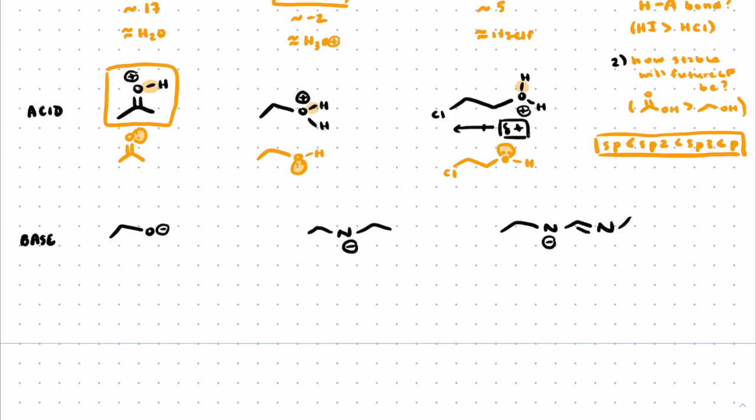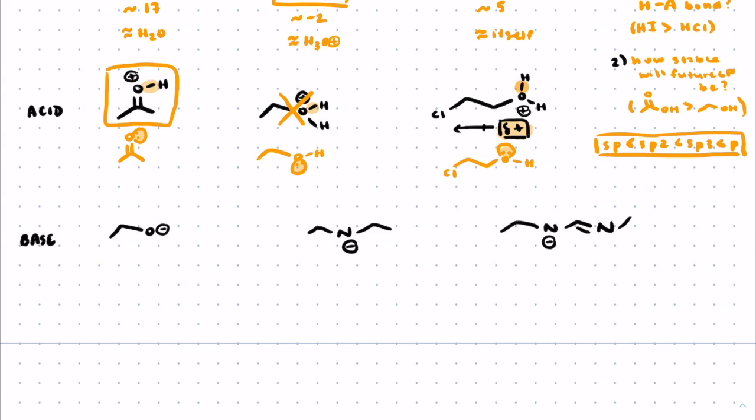So when you're comparing with the chlorine or without the chlorine, we find that because we can stabilize this lone pair better due to this higher positive charge, this lone pair is more stable, this bond is weaker and more able to be broken, and we see that this chlorinated compound is actually a stronger acid than the non-chlorinated compound, which is going to be the weakest acid in this case.